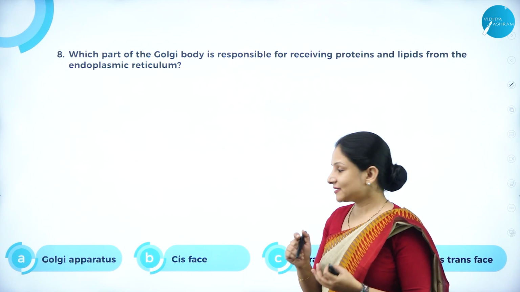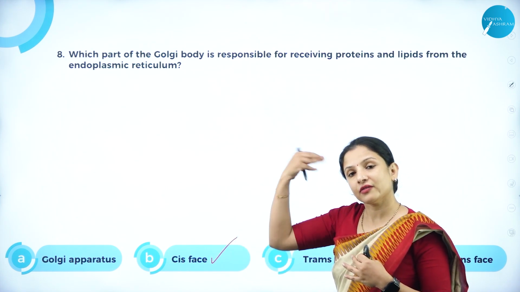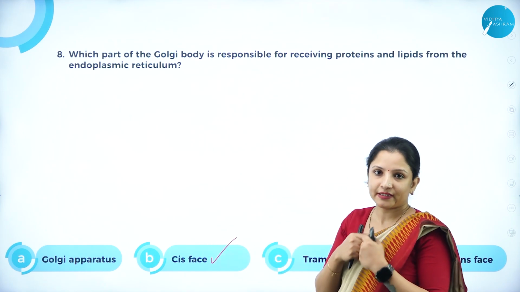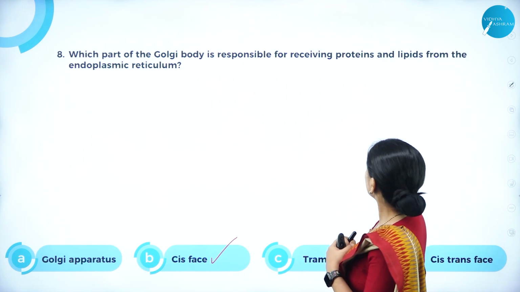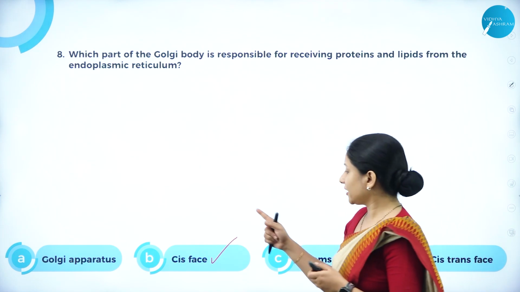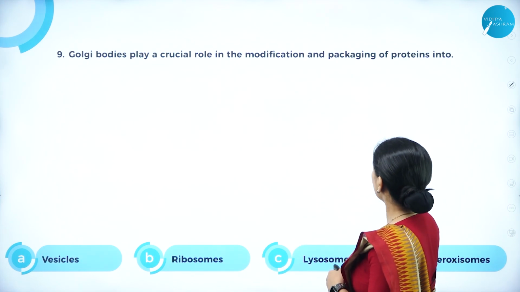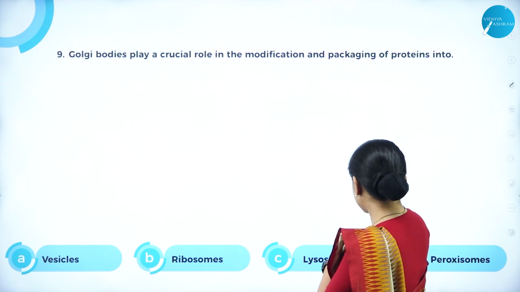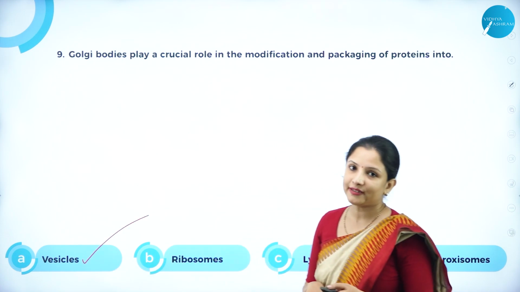From the cis phase, they are modified and then sent to the trans phase. So don't get confused. First, they are received by the cis phase. Next, Golgi bodies play a crucial role in the modification and packaging of proteins into vesicles, ribosomes, lysosomes and peroxisomes. It is vesicles. The packaged materials are called vesicles.